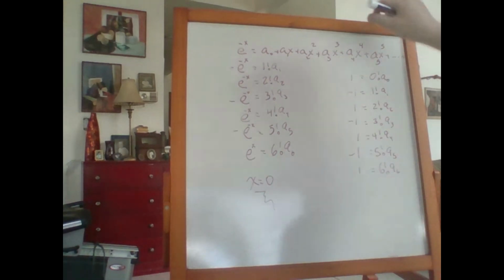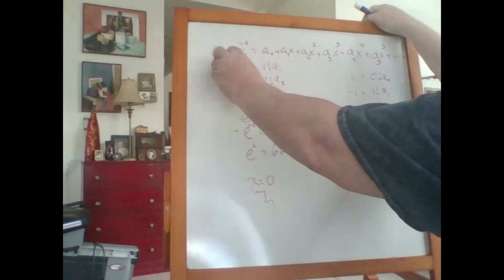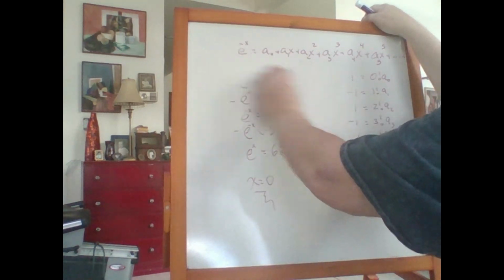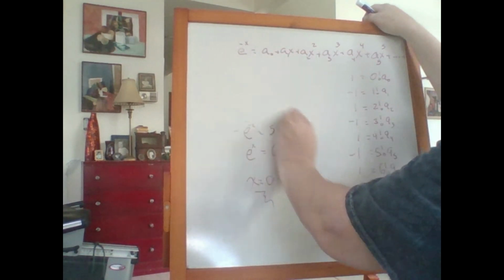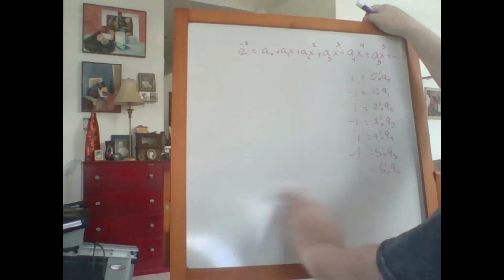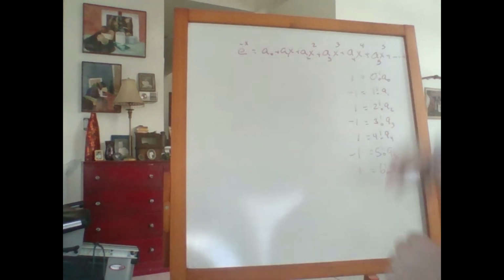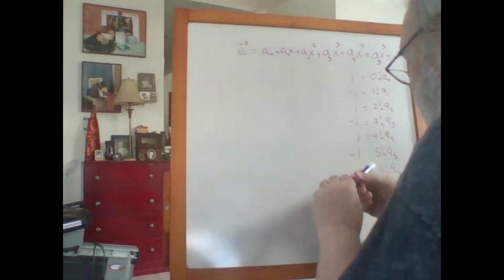And you can see my arm's starting to get a little tired. I'm getting sloppier. But now we can solve for those coefficients, a naught through a6, and look for patterns.